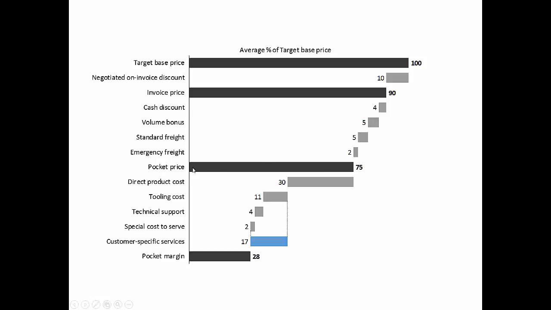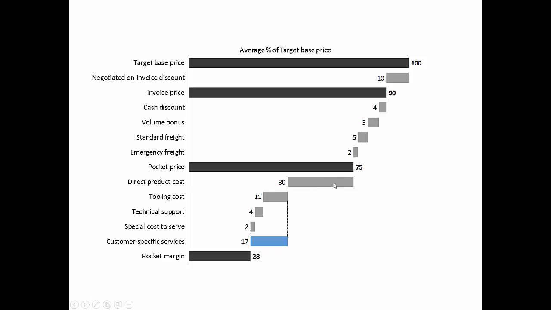So it's like the net price, but then you have some other costs, and sometimes these costs can be very hidden. But the point here is that in this waterfall chart we added another element.